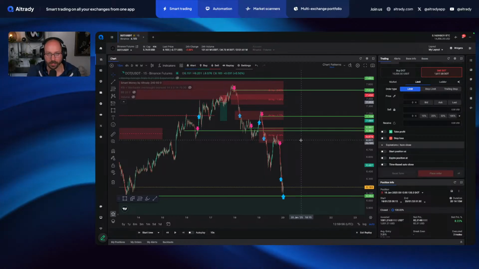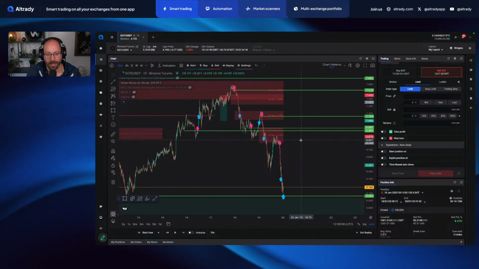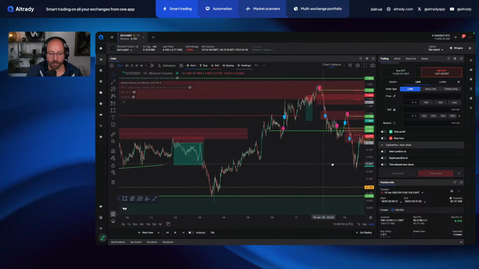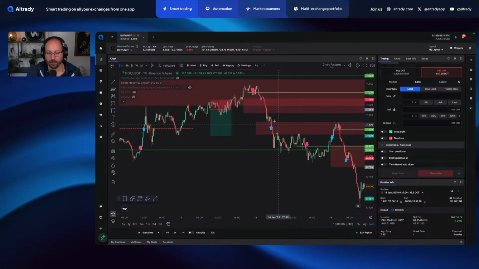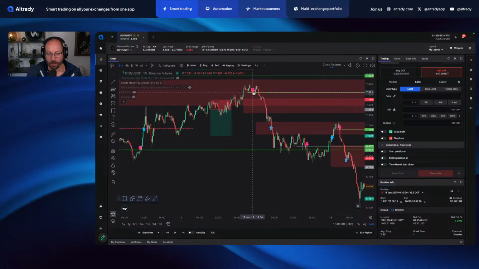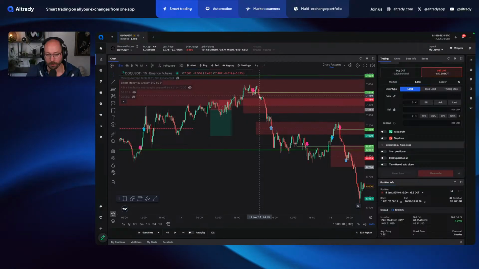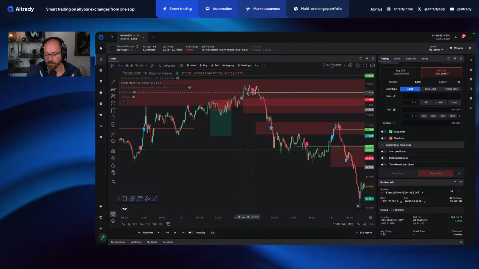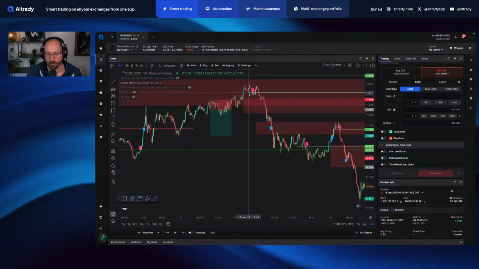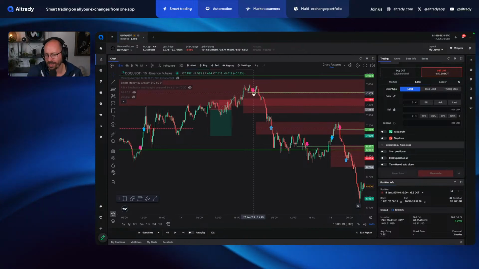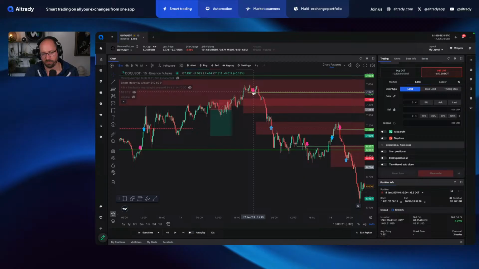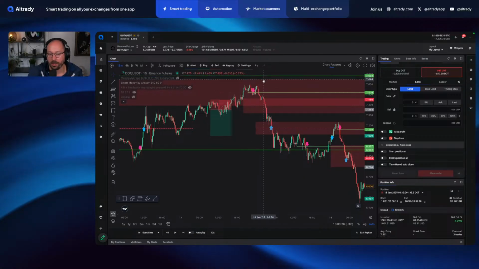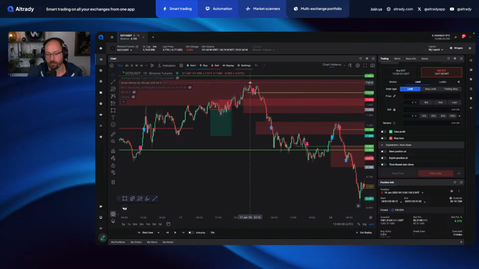The beauty of Altrady is that as soon as you've taken the position, you could let it sit. But as long as we don't have a way to automate the entries for the shifts, you'd have to put them in manually, and they can be anywhere. Like this shift occurred at 9:30, so for me, that would be 10:30. I could have set it up, but if it moves up here and it's not the shift anymore, then you could technically cancel the position once this is taken out.